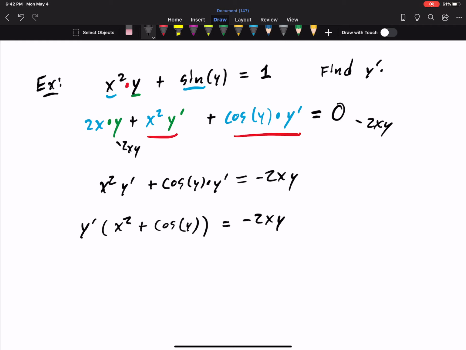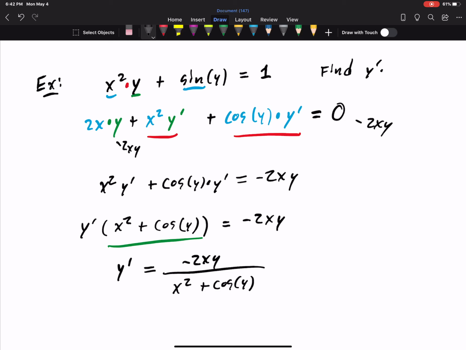Final step: keep the goal in mind always. The goal is to get y prime by itself. So we're going to divide both sides by this huge thing that's being multiplied by y prime. It gives me y prime is equal to minus 2xy all over x squared plus cosine of y. And that's the final answer.